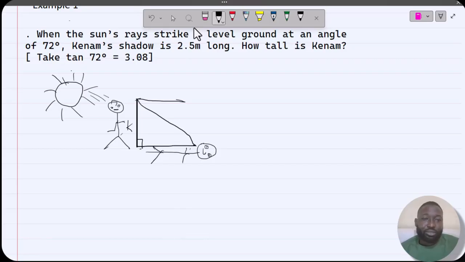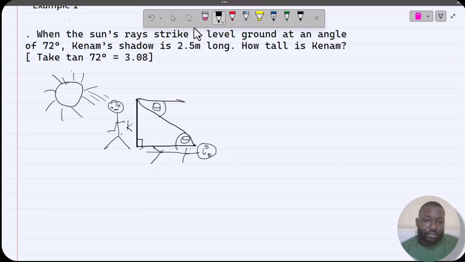And then the angle here, where the sun strikes, if I name it theta, this angle here will definitely alternate to this very angle here.